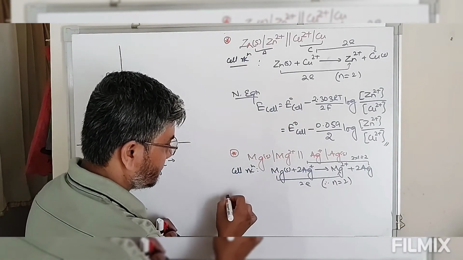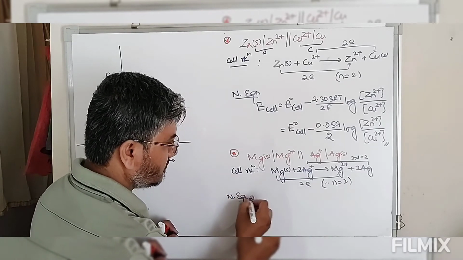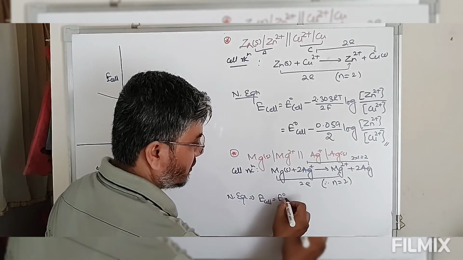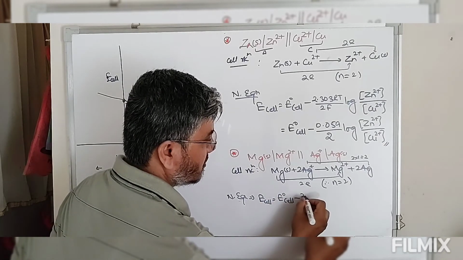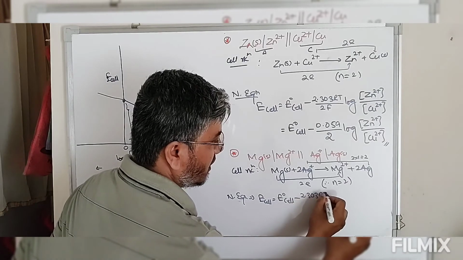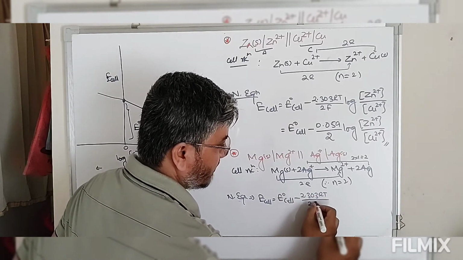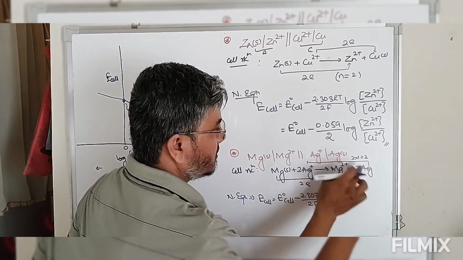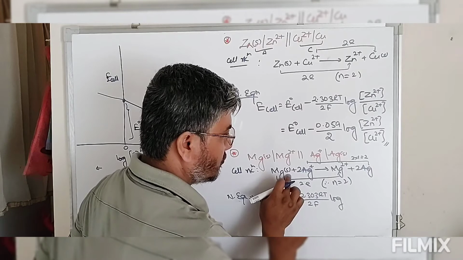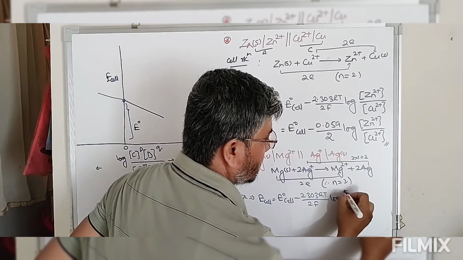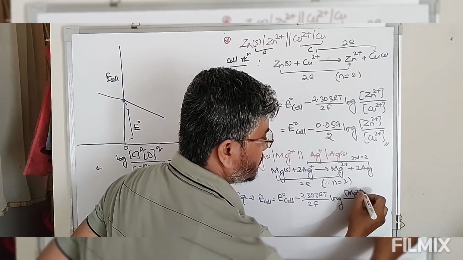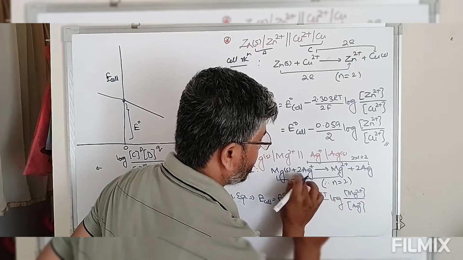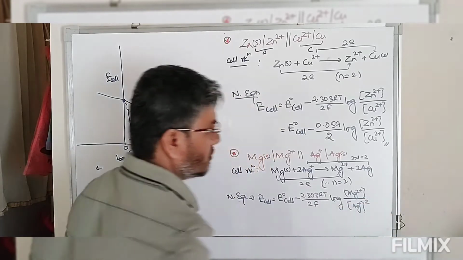So the Nernst equation, that is E cell is equal to E naught cell minus 2.303 RT by N, N is 2, so we have 2F, log. Look at this, this is solid, this is also solid, we have to exclude this. So this is concentration of magnesium plus 2 divided by concentration of Ag plus, coefficient is 2, so raised to the power 2.